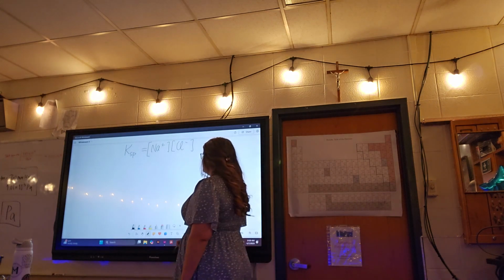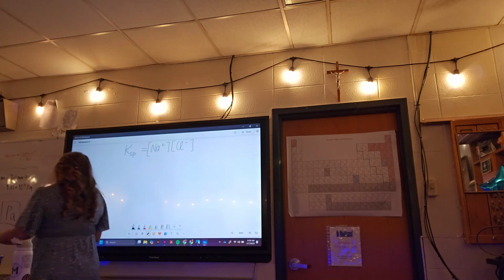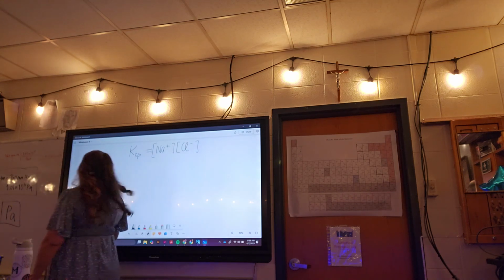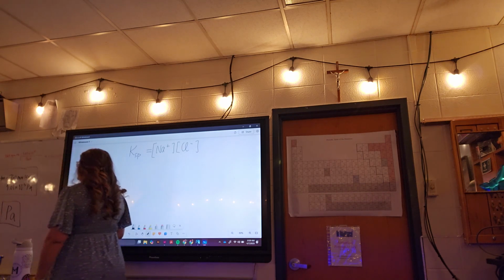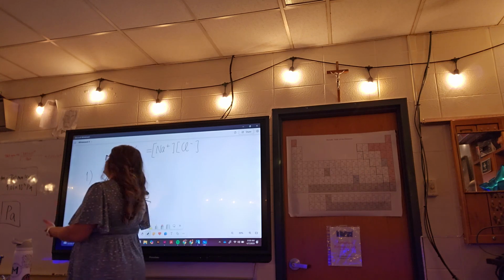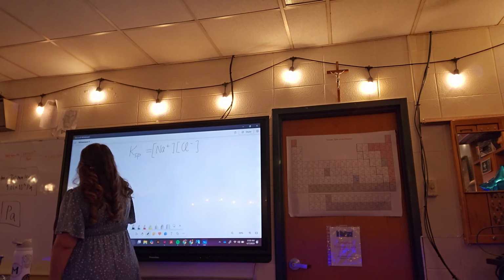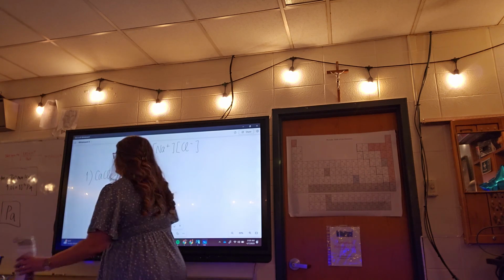All right, so let's take a look at some examples. Usually what you'll get in a problem like this is the name of a compound, and then you'll have to write the equation for its solubility and its Ksp. So let's start with this one as an example.